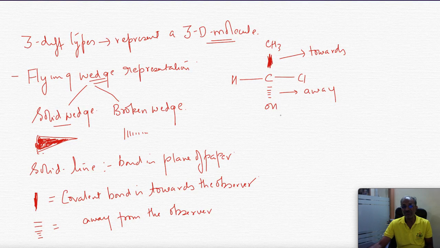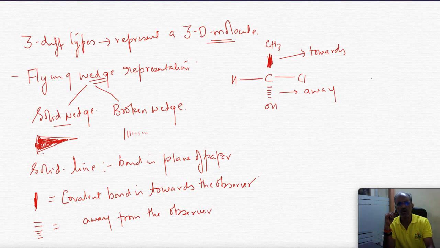In the 3D format, the CH3 is coming towards you, towards the person who is observing it, above the plane of paper, and the dotted bond or broken wedge bond is going away from the plane of paper.